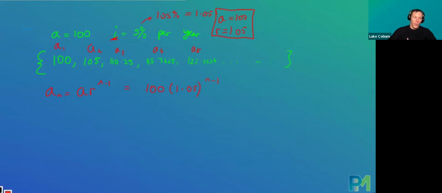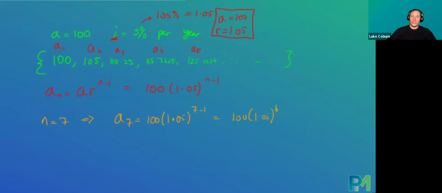So we might say, well, what happens after 7 years? n is equal to 7 years. A7 is equal to 100 times 1.05 to the power of 7 minus 1, which is 100 times 1.05 to the power of 6.